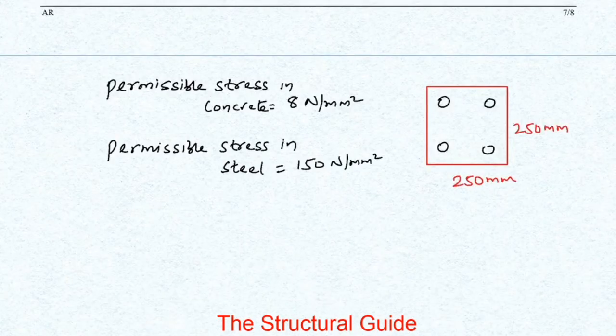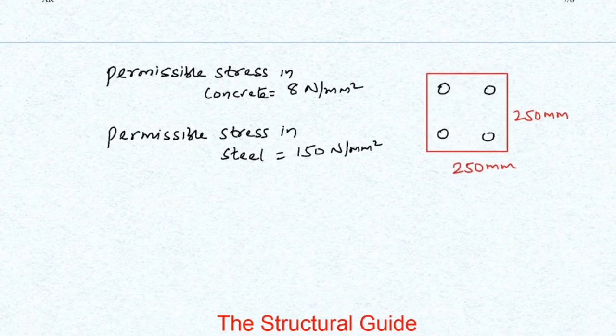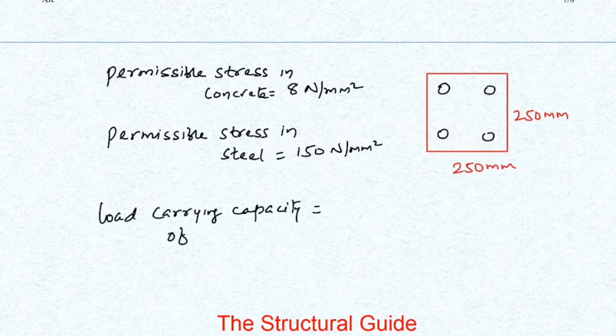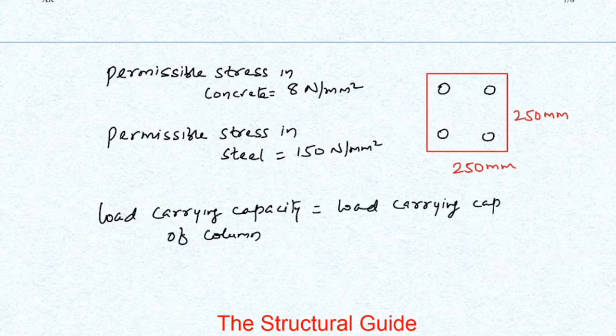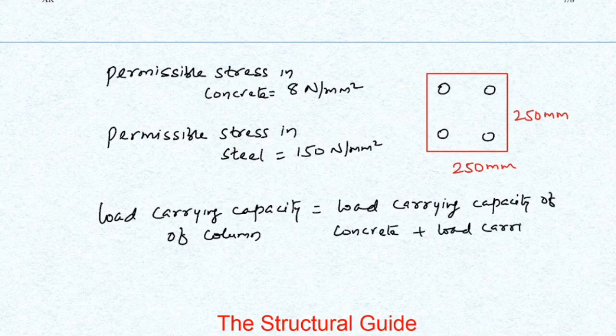So what is the load carrying capacity of this column? The load carrying capacity of the RCC column is equal to the load carrying capacity of concrete plus the load carrying capacity of steel reinforcement, right?